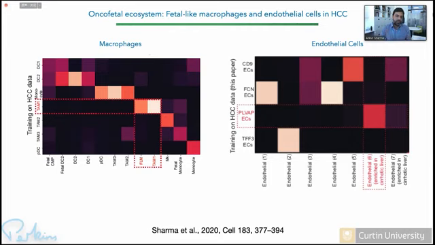I'm not going into the detail of this study because it's published, but there were three different populations of macrophage, and only one of the macrophage populations was similar to the fetal liver. Similarly, when we looked into the endothelial cells present in the human fetal liver, we could identify an endothelial cell, which is PLVAP positive, that is also shared between fetal tissue and tumor.